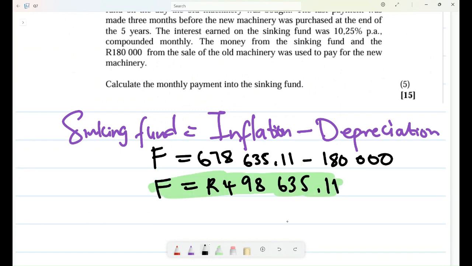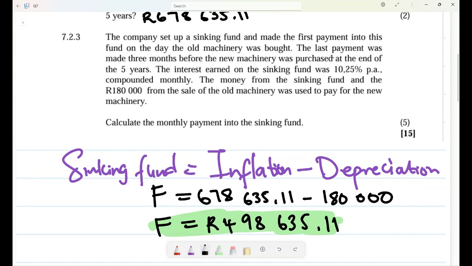All right. Now the last payment. The first payment into this fund is made on the day the old machinery was bought. So the company made an immediate payment. It means they will add an extra month to their payment, because they are compounded monthly and they paid immediately, whereas they were supposed to pay starting from the next month, right?